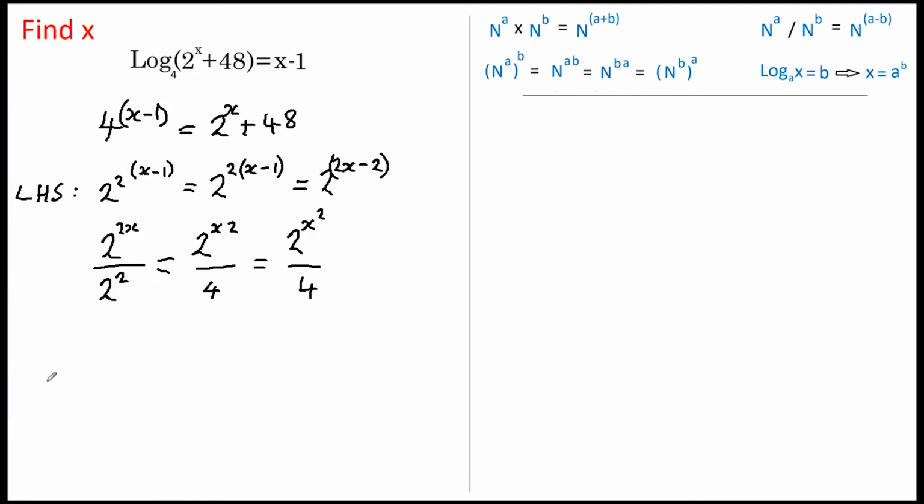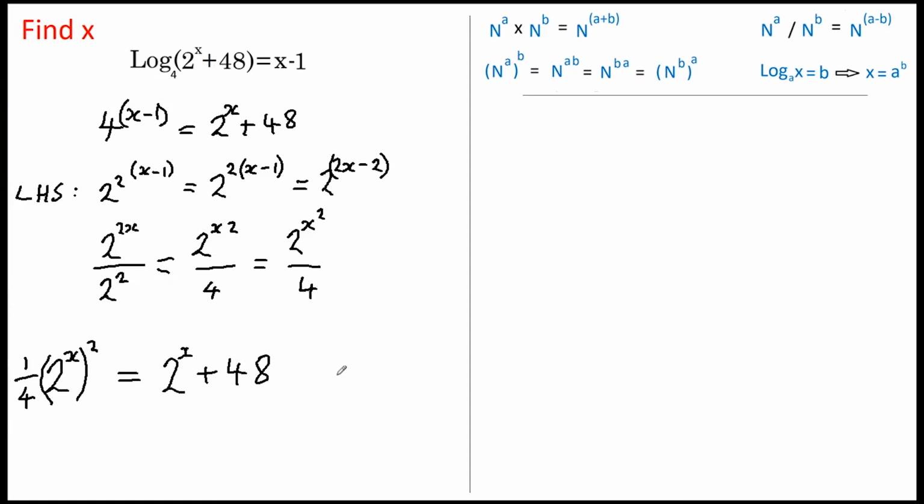Now let's write down the whole equation again. On the left-hand side, we have 2 to the x, and I'm going to put a bracket around that, all squared, and that's divided by 4, so I'm just going to put a quarter in the front. And that equals 2 to the x plus 48.